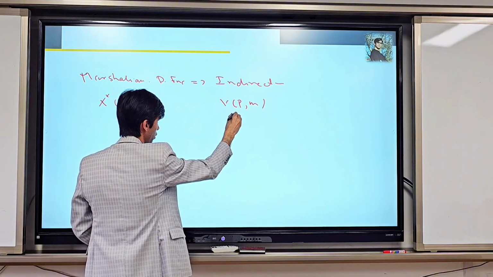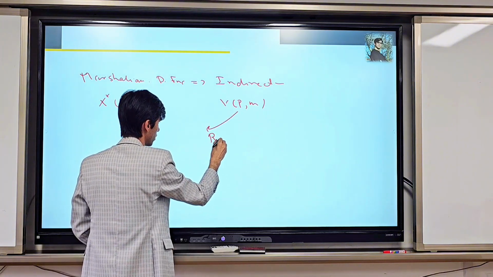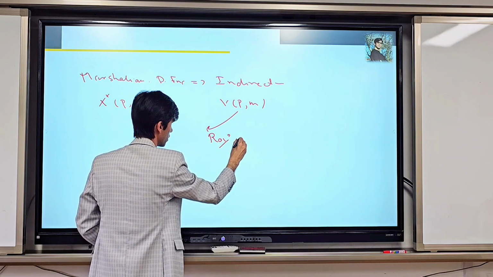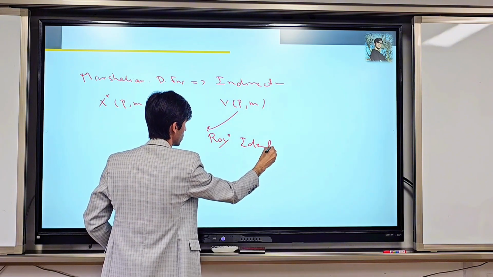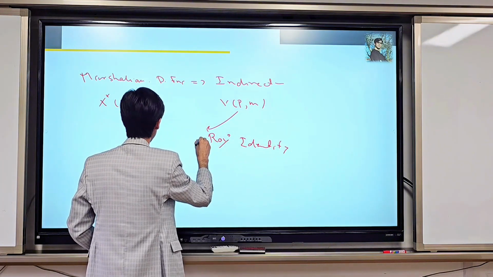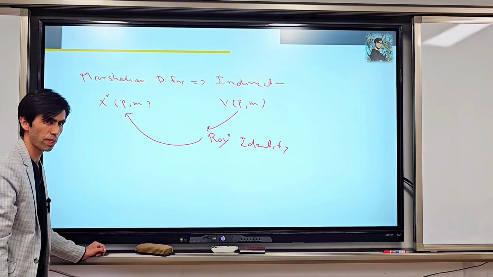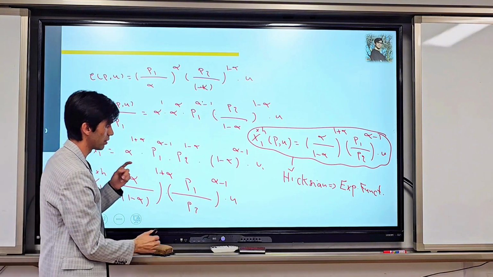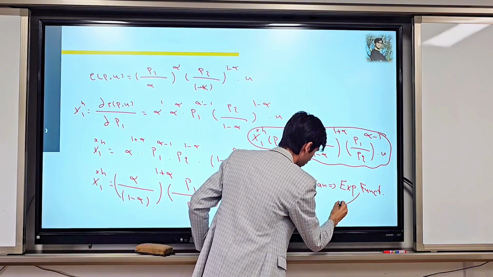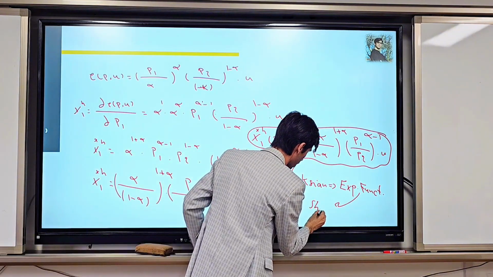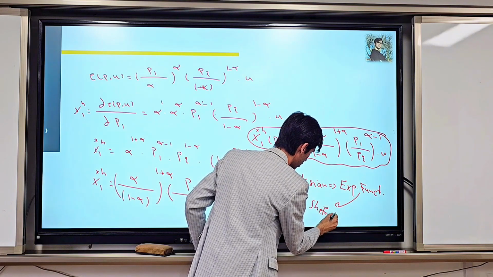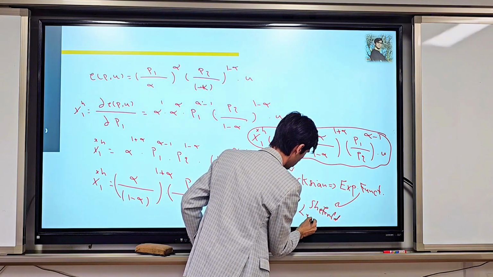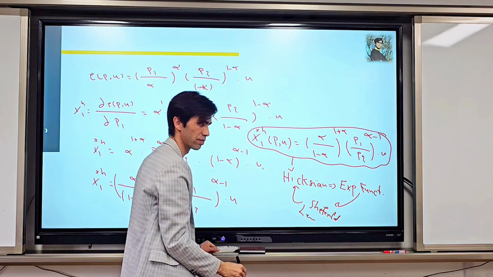So that's why when you use Roy's identity, when you have indirect utility function, it will give you the Marshallian demand function. But when you have expenditure function, you can use Shephard's lemma to give you the Hicksian demand function.